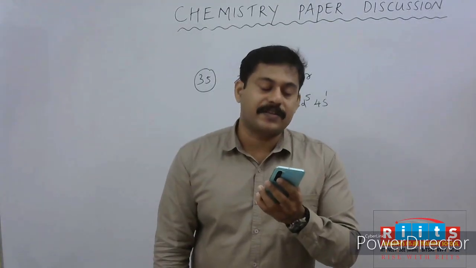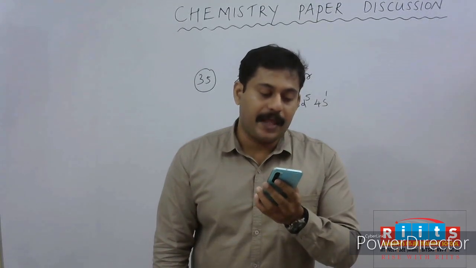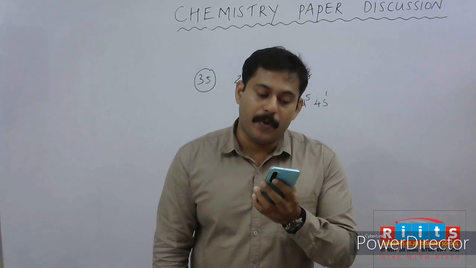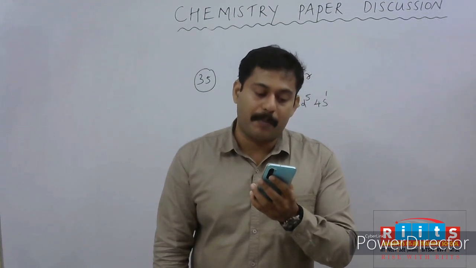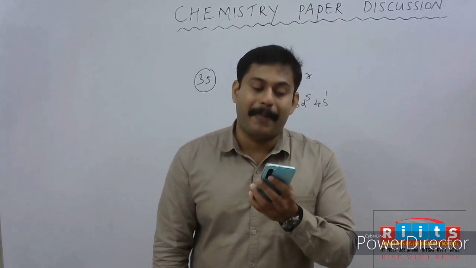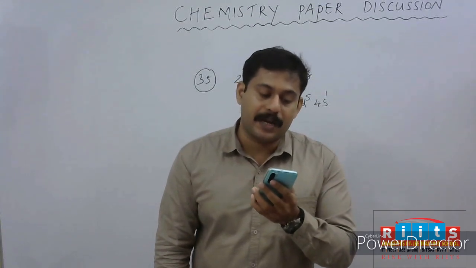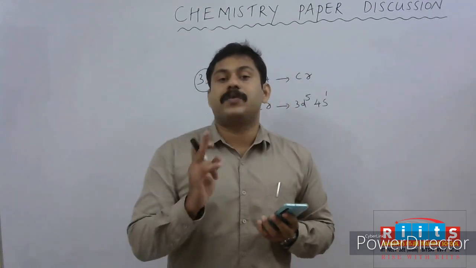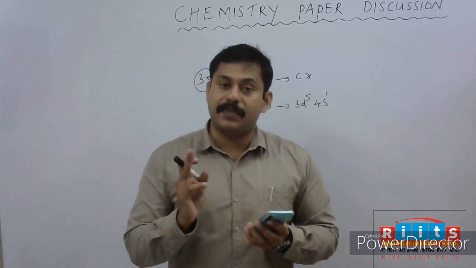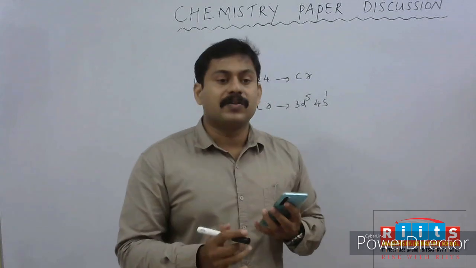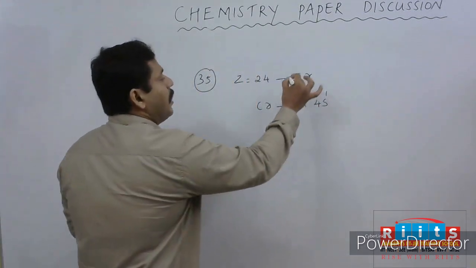Okay, let's discuss question number 35. The metal ion M n+ with Z equal to 24 in a compound has a spin-only magnetic moment of root 15 Bohr magneton. The number of unpaired electrons and oxidation state of the metal ion are respectively... You have to study all the electronic configurations of 3d, 4d, 5d as well as lanthanoids and actinoids, right? Z equal to 24 means the element is chromium.